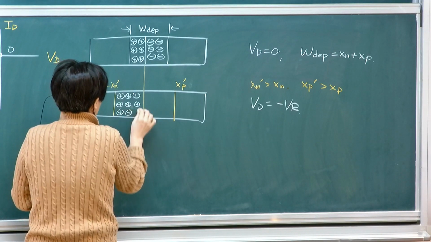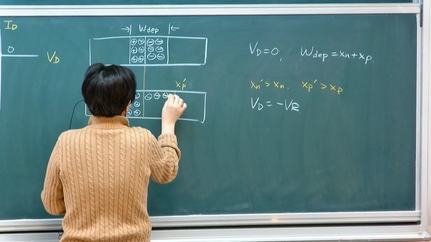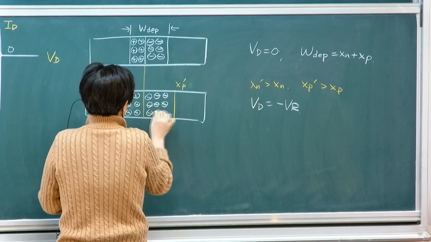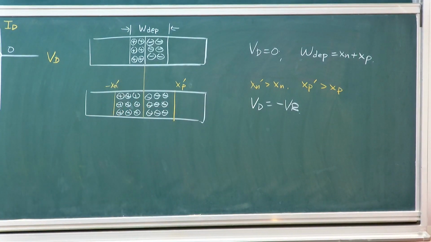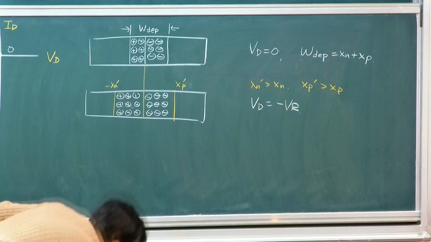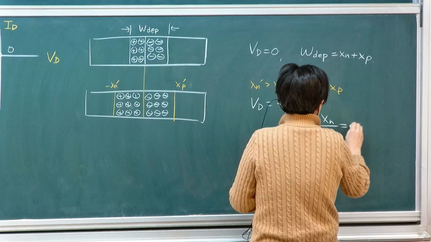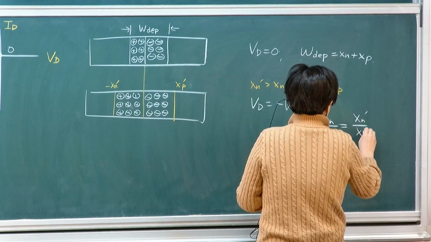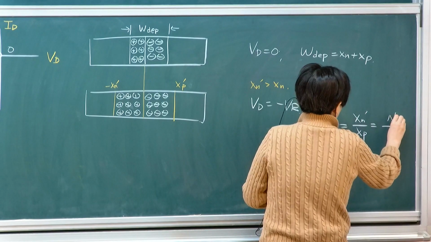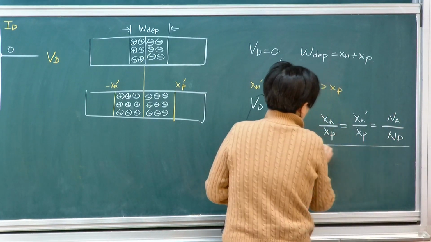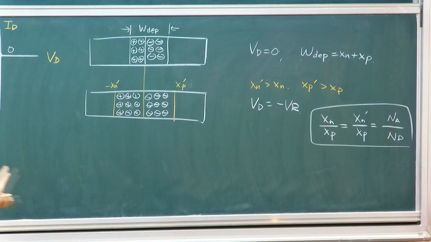One of the key important things is that, as we follow the skylines, your Xn and Xp will always keep the same ratio. The amount of depletion is always the ratio between the two.